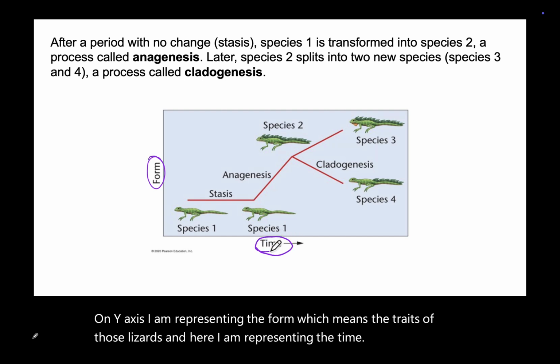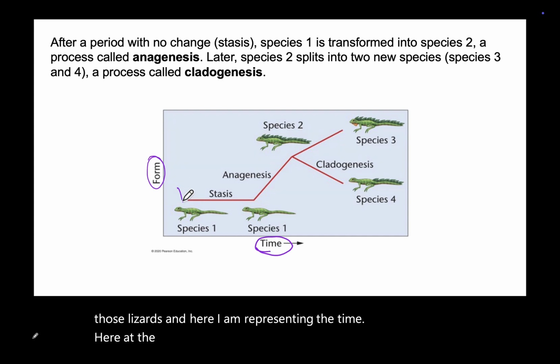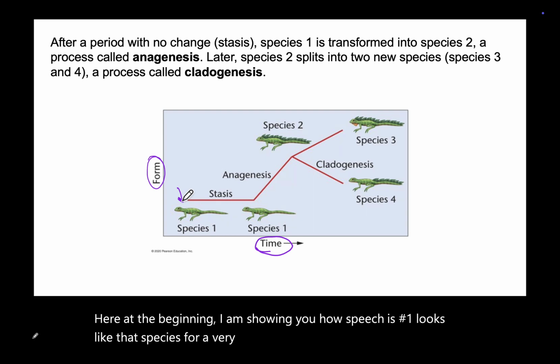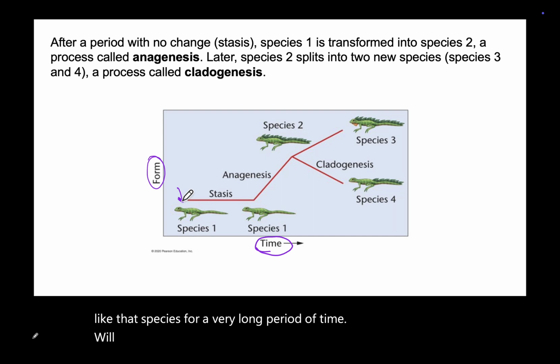Here at the beginning, I am showing you how species number 1 looks. That species, for a very long period of time, will pass that period without actual changes, without profound changes.